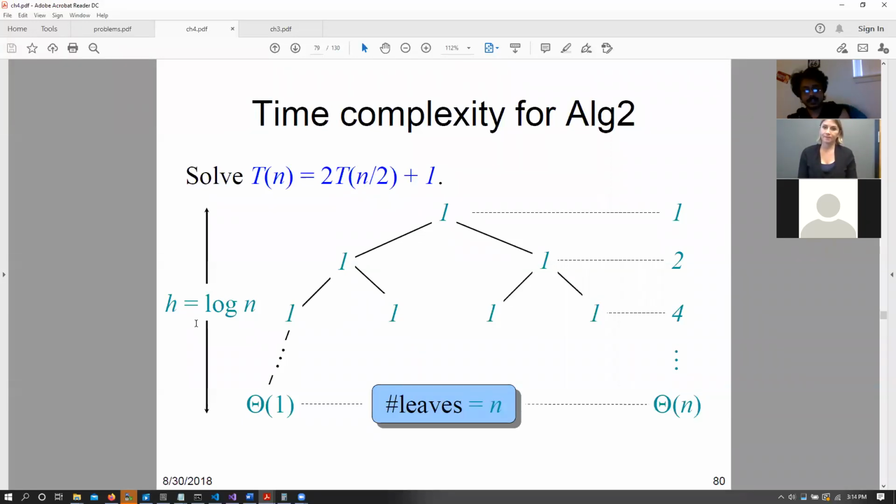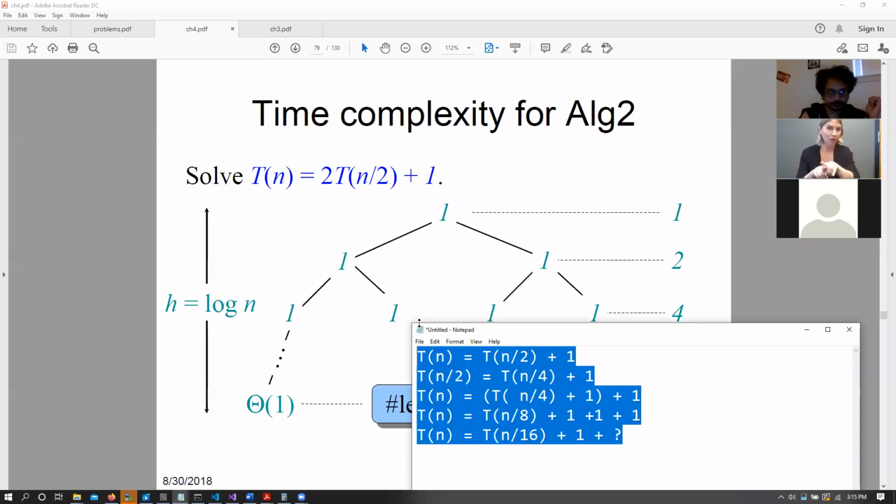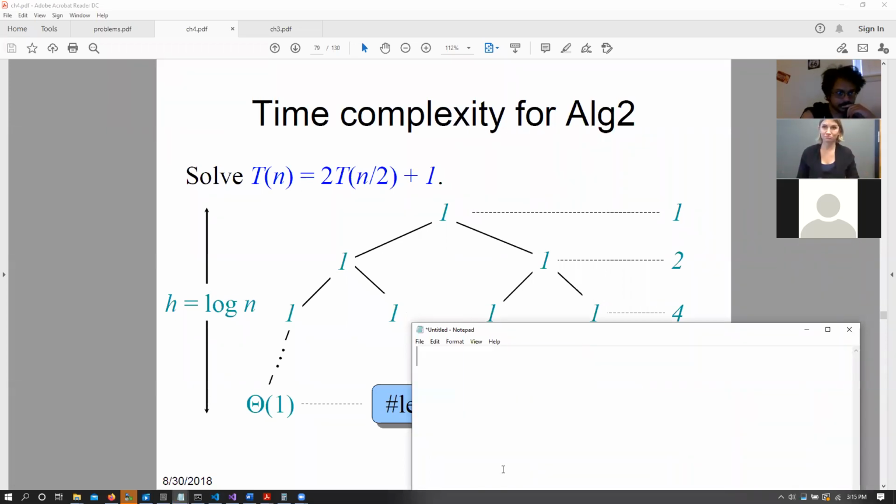where height is h or log n. I need some more answers, but yes, you guys are correct. But does everyone agree that they are correct? Interesting answer, Pervez.